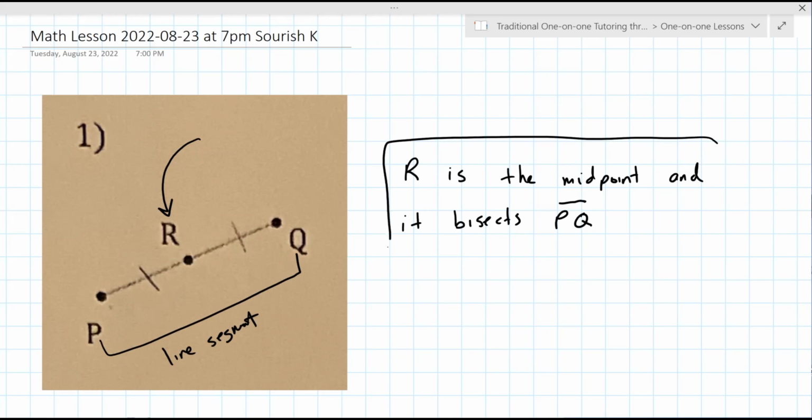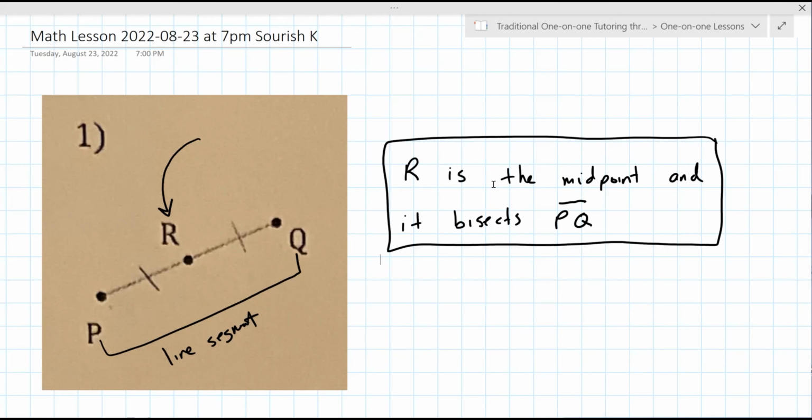So this is what you've got to write down to answer this, and you'll get some more practice because the next ones you'll have more of an input on. But this is what you've got to write down for the midpoint and the line segment that it bisects. Okay. So I have to write that down.